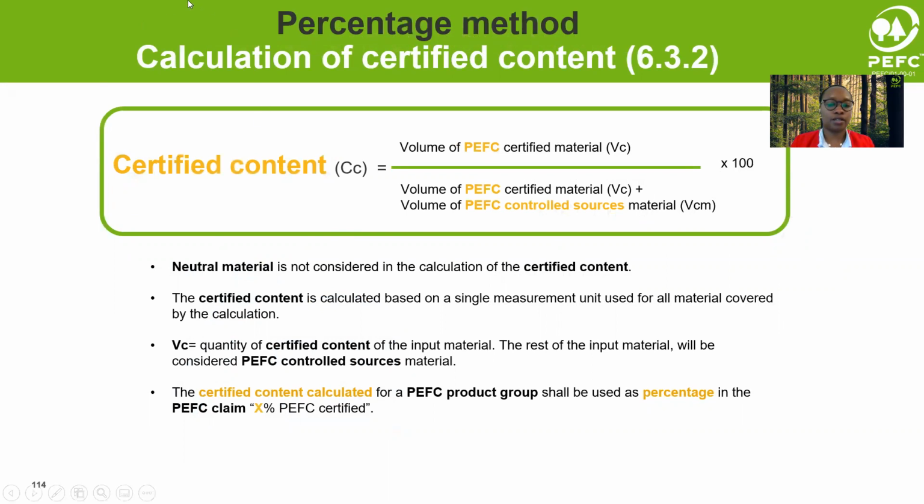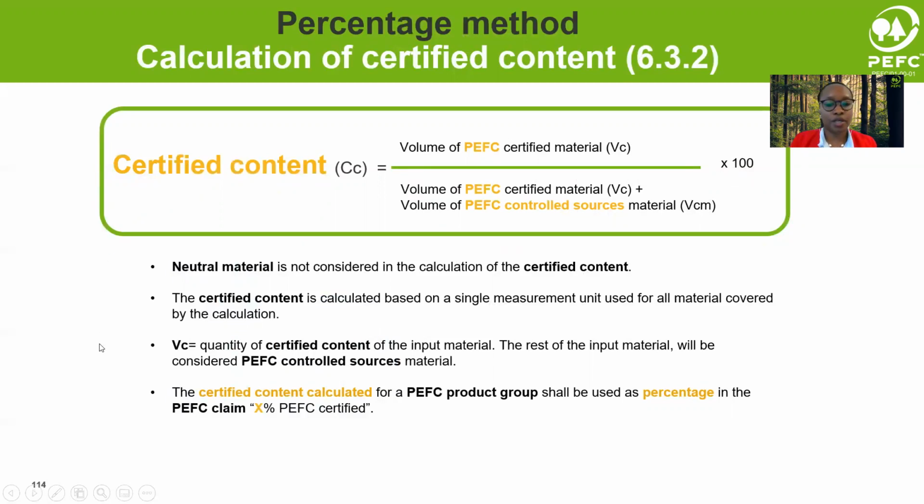The standard has a formula where your certified content can be gotten by calculating the volume of the PFC certified material divided by the volume of the PFC certified material plus PFC controlled sources material, times 100.